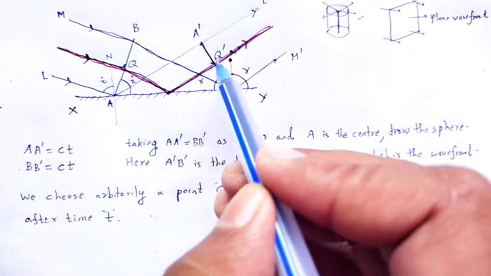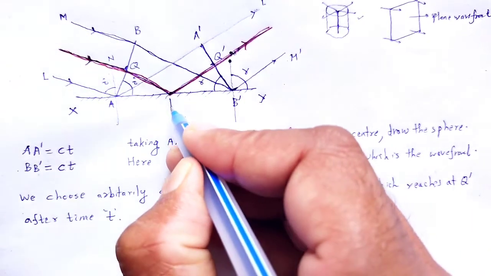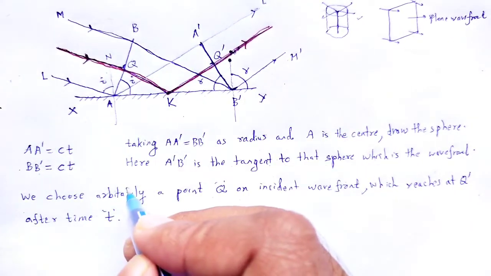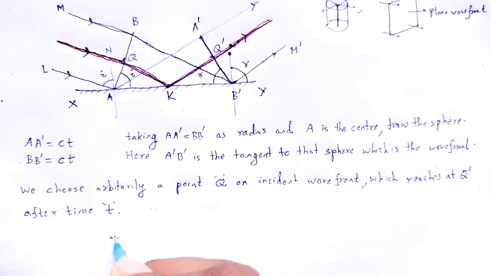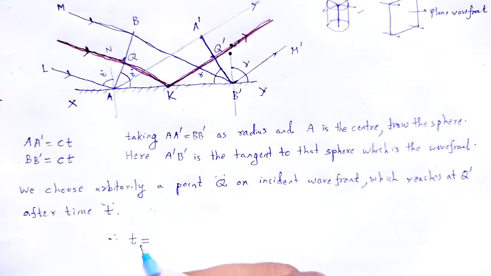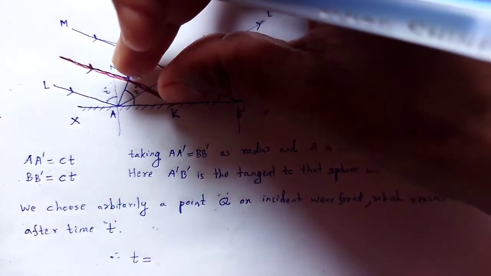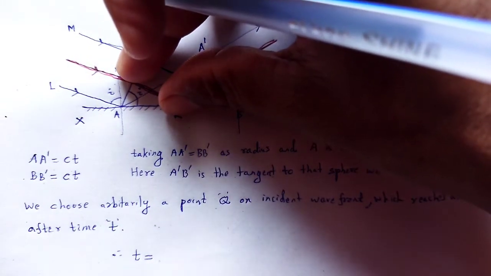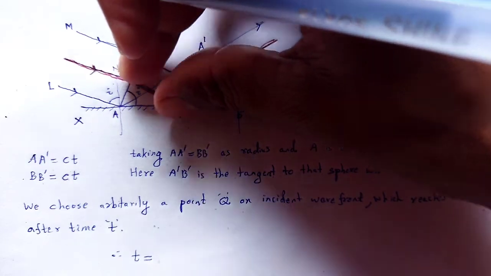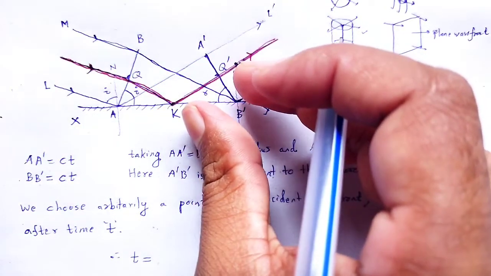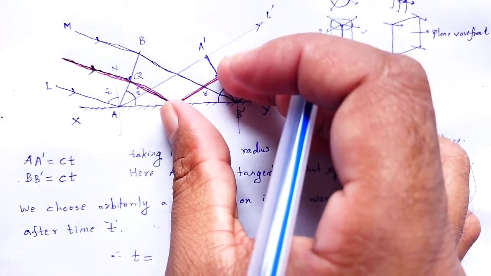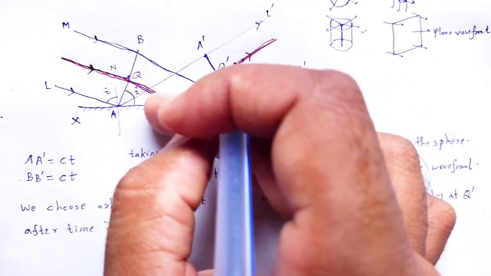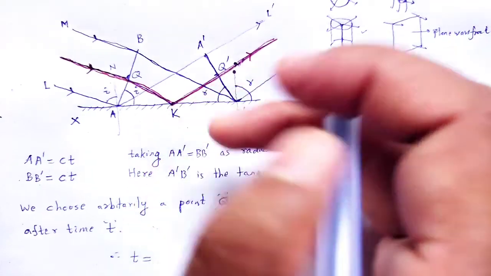That Q reaches the point Q dash through the point K. So the time taken t is equal to the time taken for the distance QK and again the time taken for the distance Q dash K. Here the velocity of light is c.